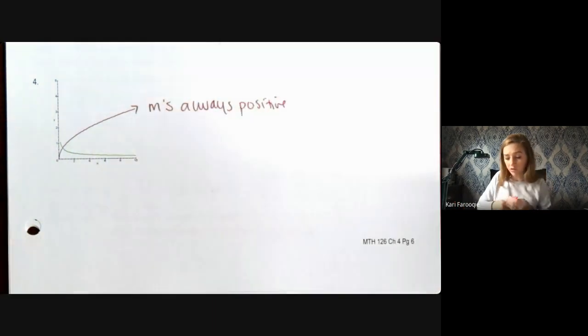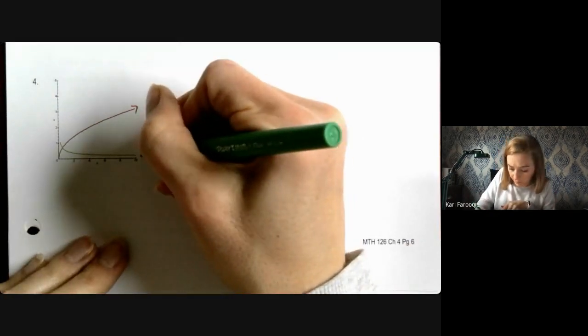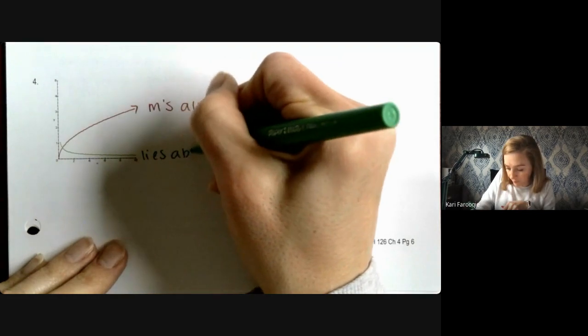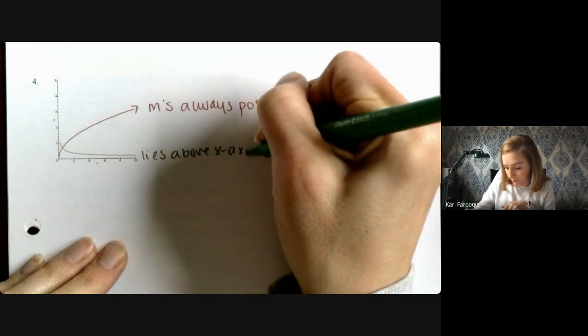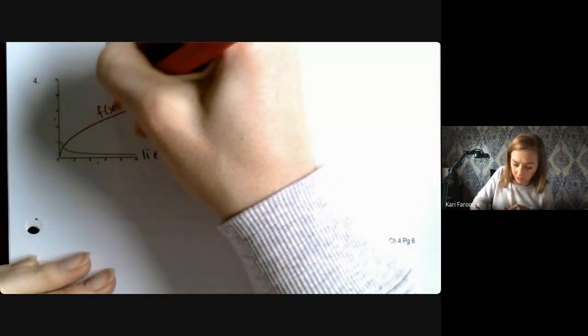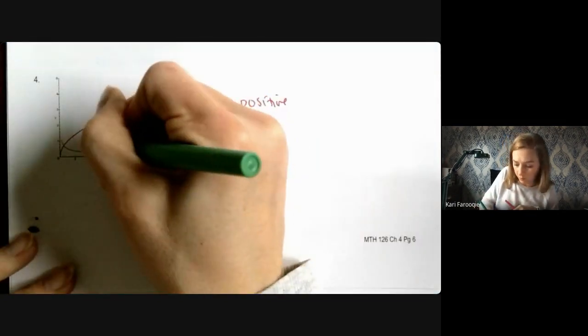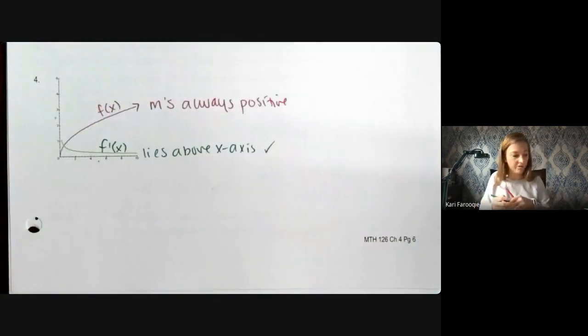And then it is true that on the green graph, the graph always lies above the x-axis. So we could say that, yes, it must be the case that this red function is f of x, and the green function that's below is f prime of x. So we guessed right in that case.